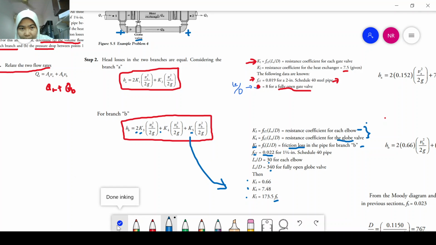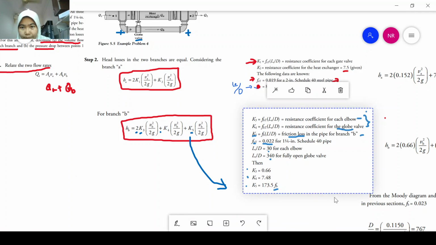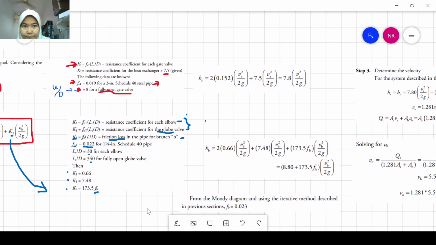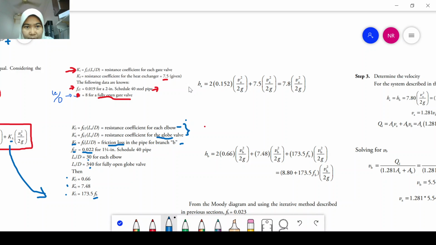So finally, after you put all this information into the K in this equation, we have this equation. This comes from the losses in pipe branch A, and this is from branch B. As usual, we have so many unknowns here.